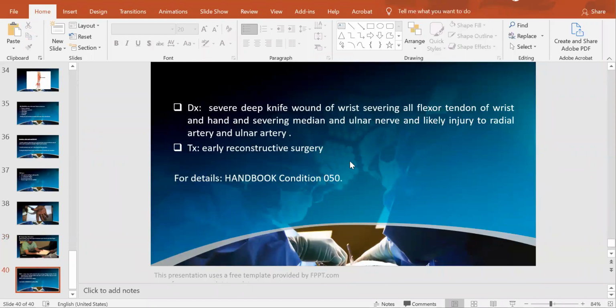And lastly, the diagnosis will be severe deep knife wound of the wrist, severing all flexor tendons of the wrist and hand. Now, the thing is in the exam, previously we would get the findings and we could diagnose this case. In here, most likely they would not ask you the diagnosis because they will not give you any findings. So maybe they will just ask you to show the physical examination in the whole 8-minute time.